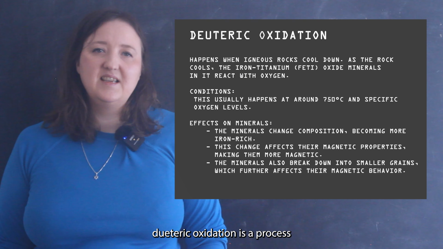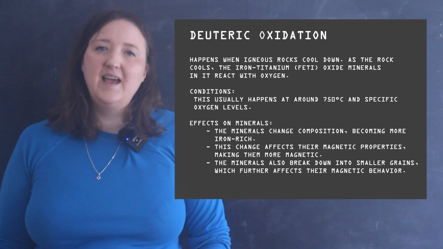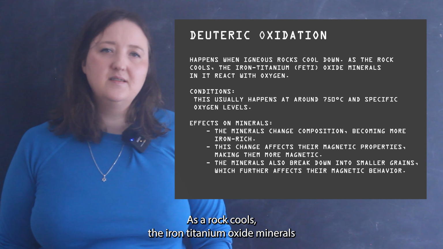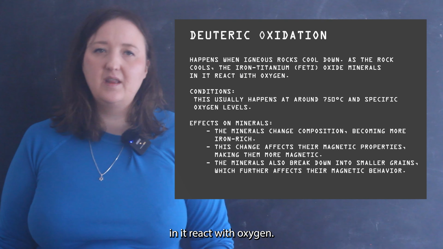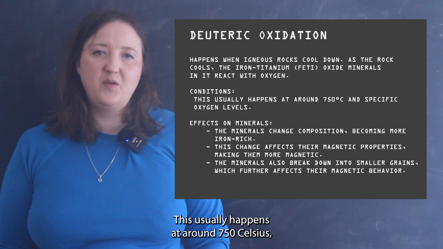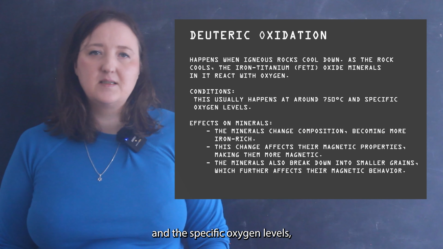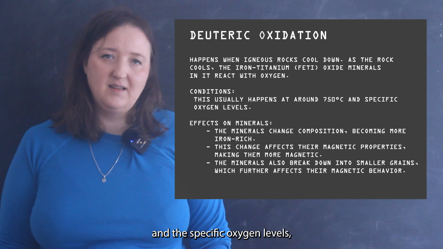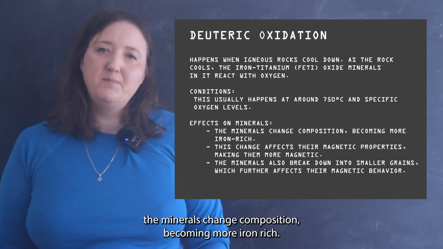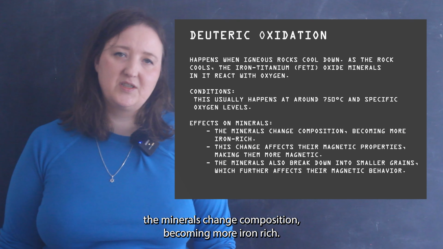Deuteric oxidation is a process that happens when igneous rocks cool down. As the rock cools, the iron-titanium oxide minerals in it react with oxygen. This usually happens at around 750 Celsius and specific oxygen levels. The minerals change composition, becoming more iron-rich.